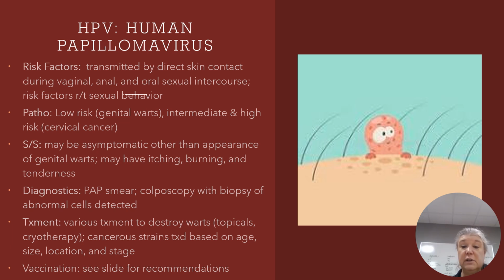Risk factors: direct skin contact during vaginal, anal, or oral sexual intercourse. So risk factors are related to sexual behaviors, right? Behaviors that increase the risk of HPV include multiple sexual partners within the year and lifetime, onset of sexual intercourse at an early age.